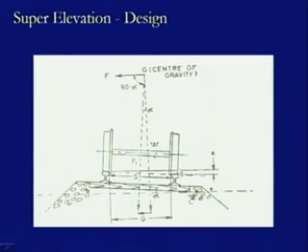Now, the amount by which this superelevation is being provided, there is a tilting of this base by an angle alpha. So, this is the horizontal level which was previously provided, and now this is being tilted at this level. So, the angle being made by these two surfaces, this surface and this horizontal surface, is angle alpha.